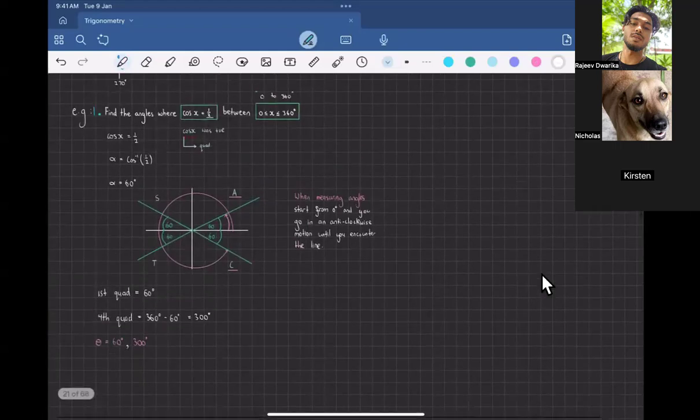And if you want to double check it, this is what you can do. In your calculator, I want you all to put cos 60 and let me know what you're getting. What are you getting for cos 60? A half.